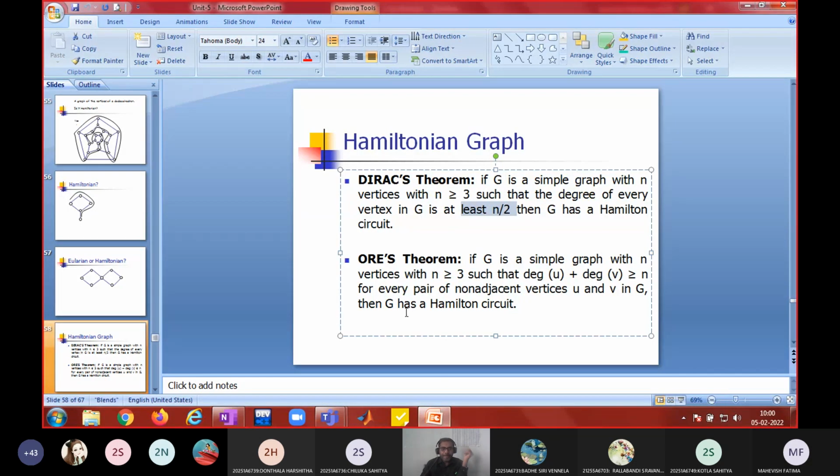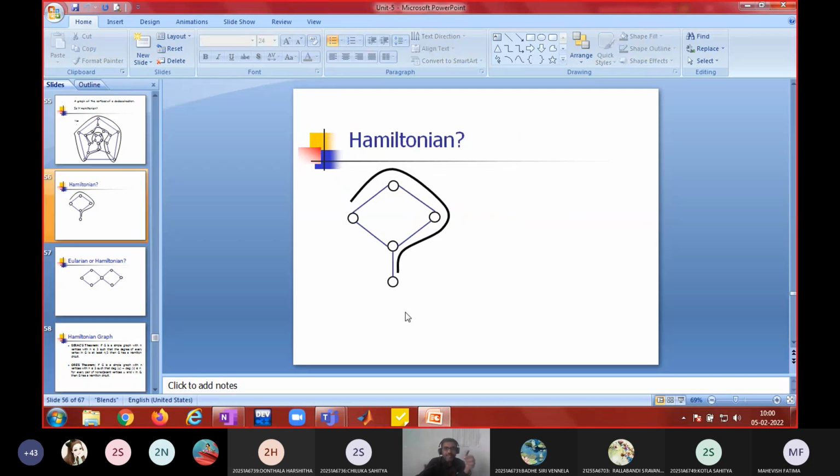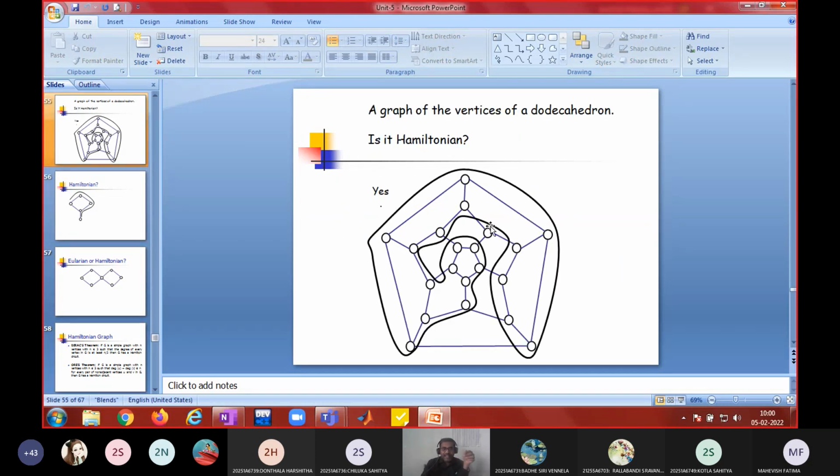Whereas here in this graph there are several vertices: 1, 2, 3, 4, 5, 6, 7, 8, 9, 10. It is more than 15 to 20 vertices. And what is the degree of this vertex? 1, 2, 3. Is it greater than 15 by 2?